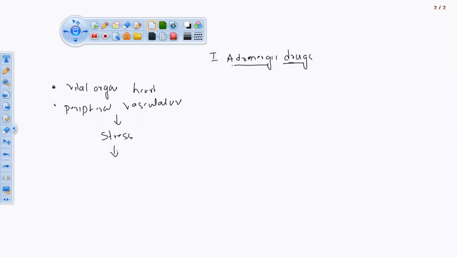When the person is in stress, the sympathetic system is mediated by the release of norepinephrine. That is an internal release; we are not giving a drug. It is released when the patient is under stress.